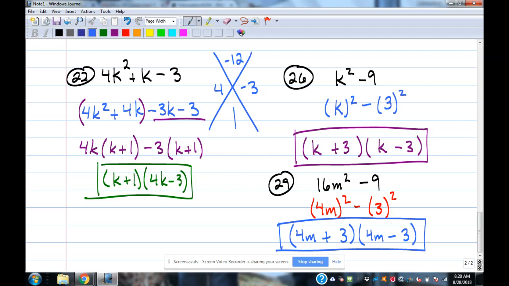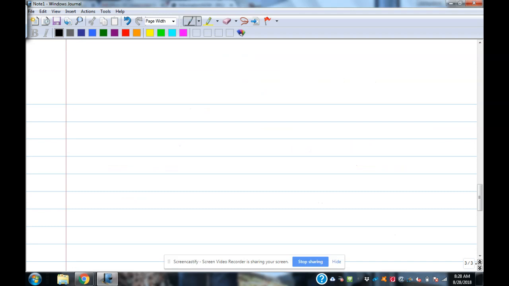Let's drop down there to 32. Okay, 32. N squared minus 8n plus 16. All right. Descending order, check.